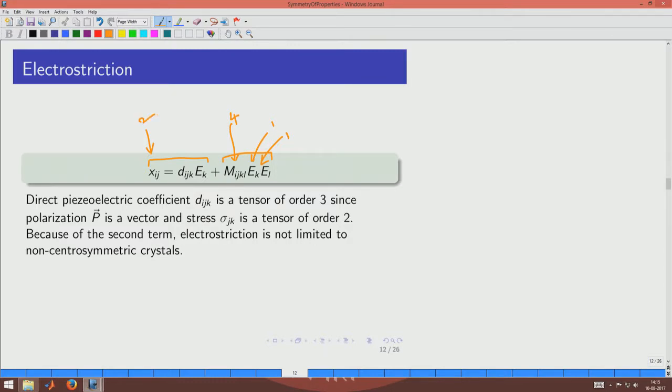So, which means that you have actually odd and even numbered tensor properties coming, which means that while this has a limitation on what type of crystals can exhibit it, this one does not. Okay. So, while there are crystals which cannot exhibit a piezoelectric effect, you could have them exhibit electrostriction. That is again a conclusion that is very valuable coming from the tensor theory.